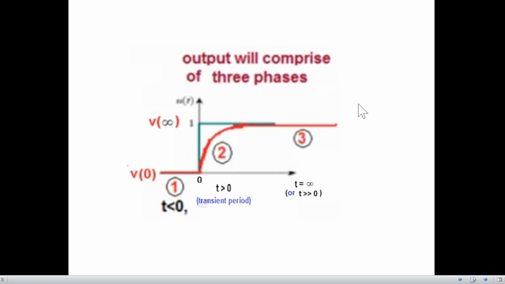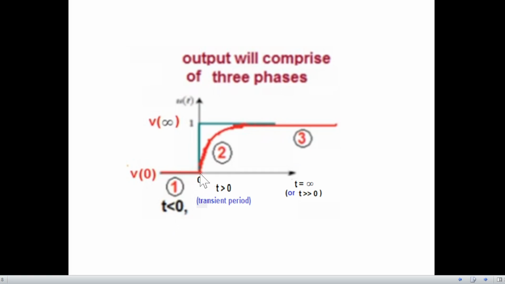Before we start, let me just recall this. I have been repeating in so many videos these three stages of time. If this is the input, which is 0 up to this point, and then suddenly we apply, let's say, a 1 volt signal to an RC circuit, then there will be 3 stages. One is before 0, we call this t less than 0.